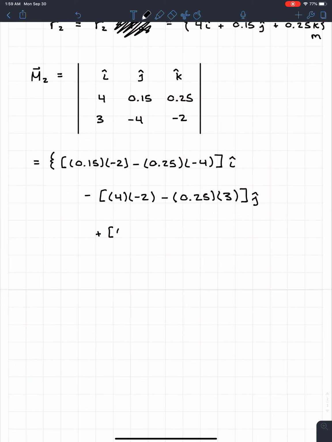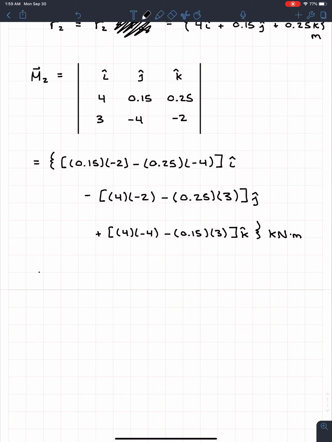So we're going to go to the final column. So it's going to be 4 times -4 minus 0.15 times 3. And the bracket, and this will be in the k direction. So we're going to end this, and this will be kilonewtons times meters.